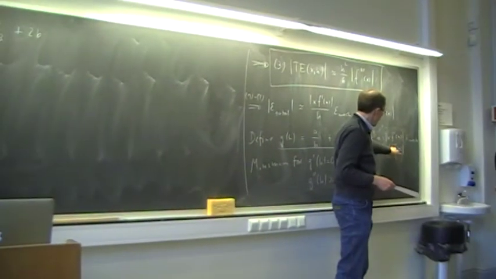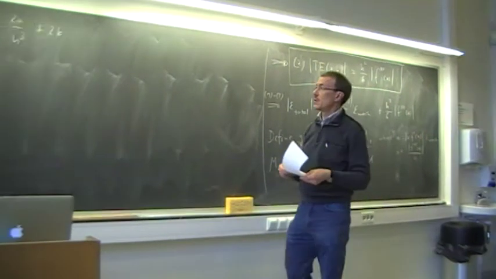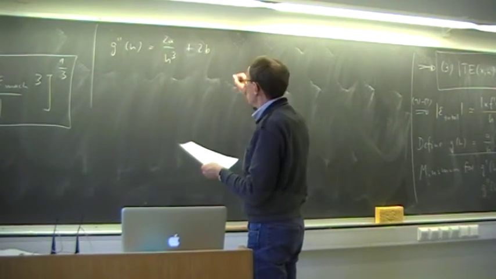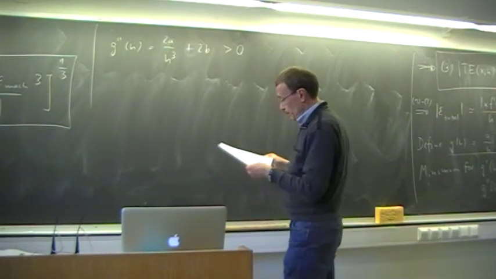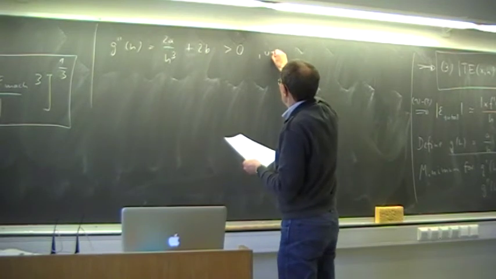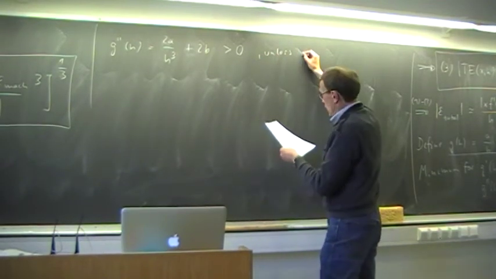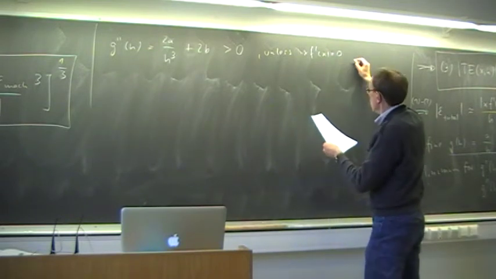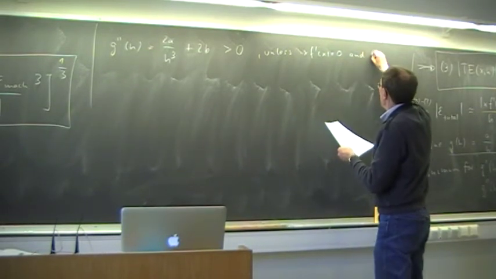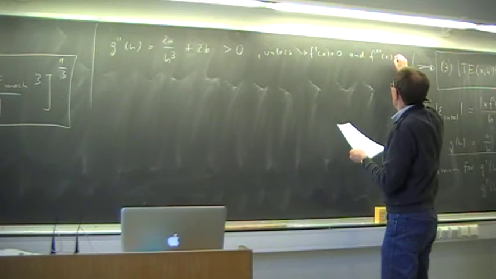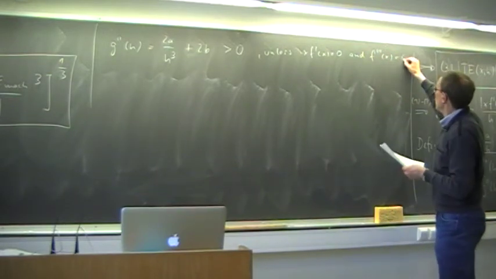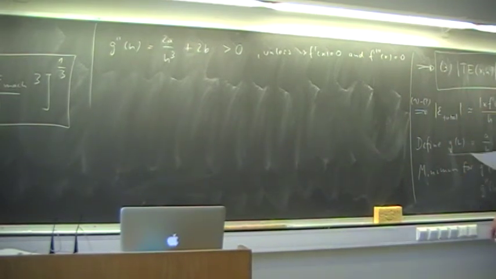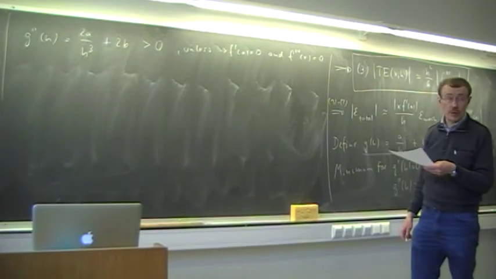We assume that we do not have this unlikely situation where x f prime of x is 0 and the third derivative is 0. Otherwise it would not be clear, but we assume that one of them is not 0. That is our assumption. Then we have a minimum.